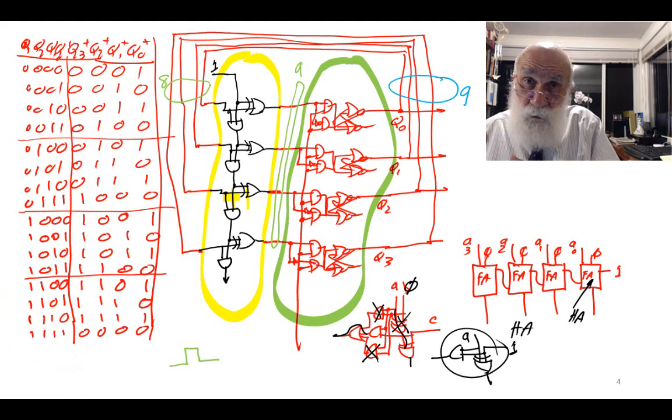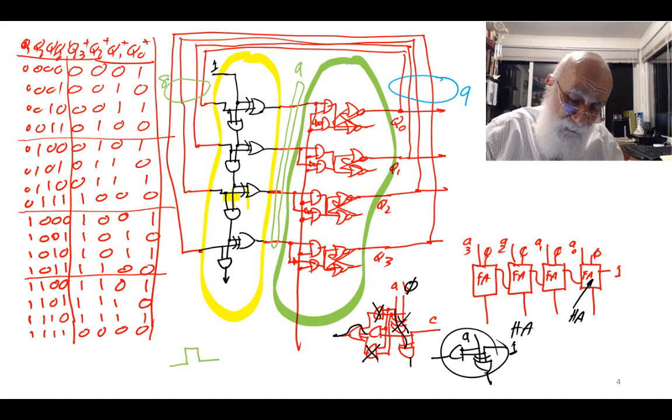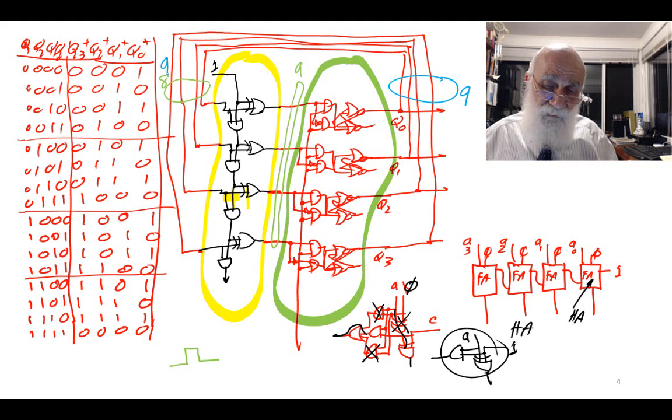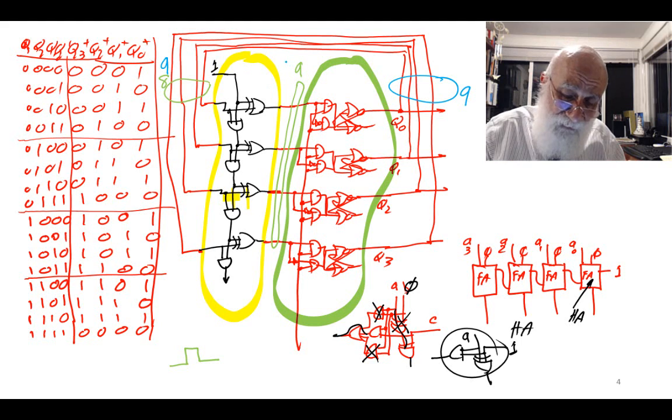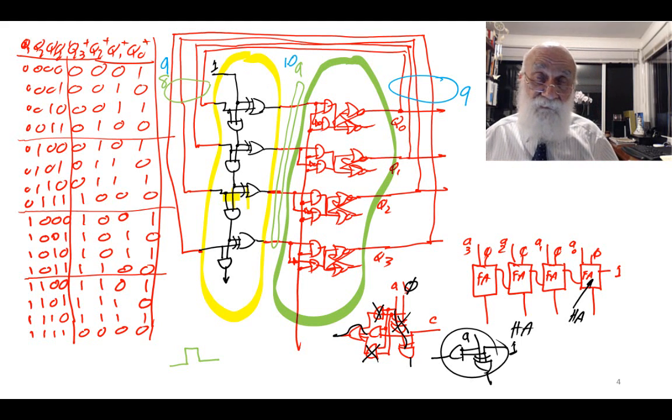Now the blue 9 is going to feed back and replace the green 8. So I'm going to get a 9 here. And that blue 9 is going to come in here, pass through the incrementer, and become a 10 here.